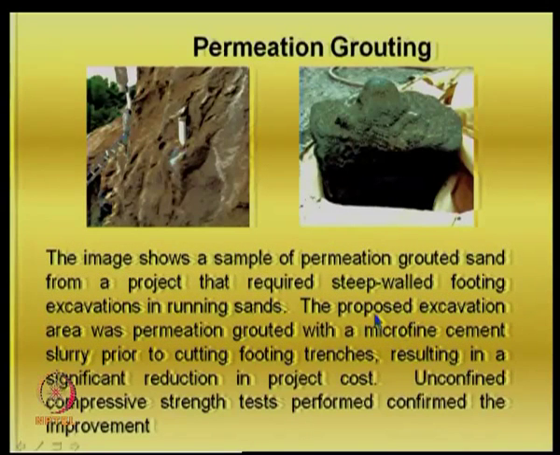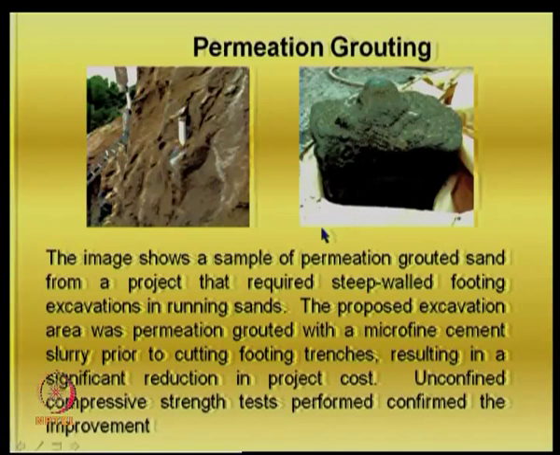I will give a small example. This is what is called a running sand, which is like add water and it starts flowing. So, for example, there is a water table, there is a water flow, and the sand continues to move away because sand does not have cohesion, and it just runs down the slope.